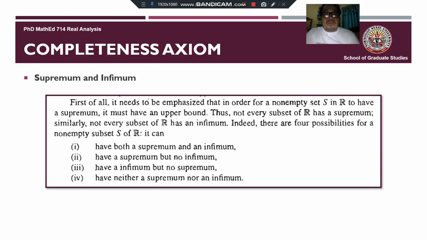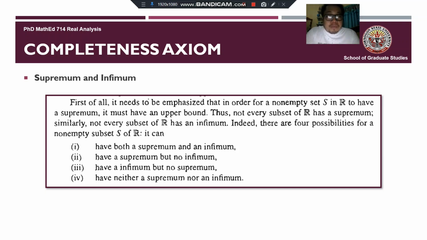We cannot have a definite supremum of S if the given set has no upper bound. The same goes for the infimum: it must have a lower bound, so we can only have a definite infimum if it contains lower bounds.